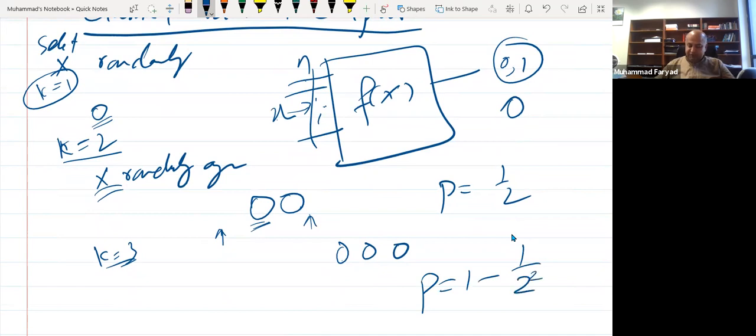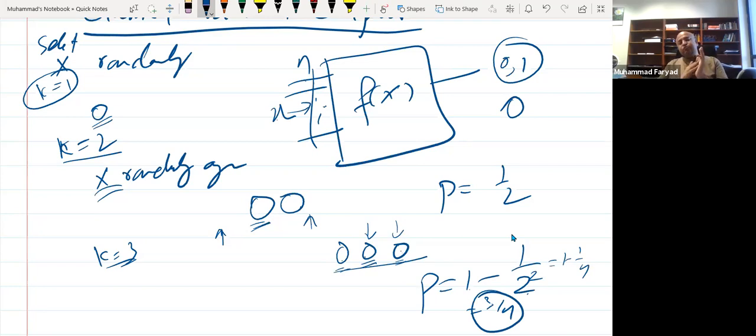This 1/2 is the probability each time for 0 and 1. There was half probability for this to come, and then another half probability for this to come, and half into half is 1/4. So 1 minus 1/4, which is 3/4. So with 3/4 confidence, I can say that this is a constant function.